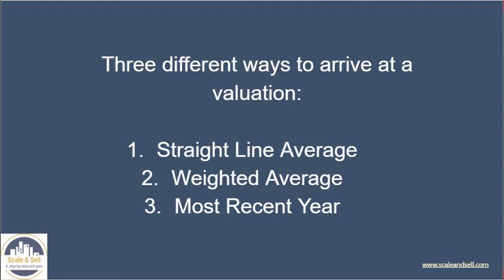A second alternative is a weighted average. So let's say your performance in the last year has been really, really great. You've been building towards a breakthrough year. So 2016 is looking like a really, really good year. 2015 was a very good year and really built upon a solid year in 2014, which wasn't as impressive.